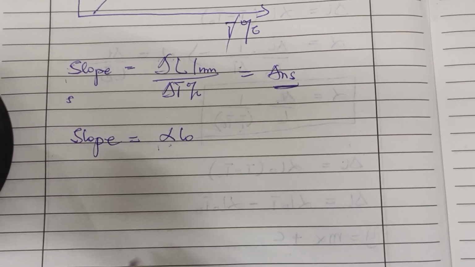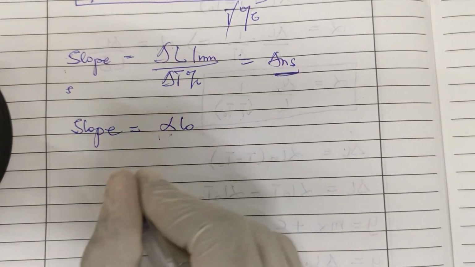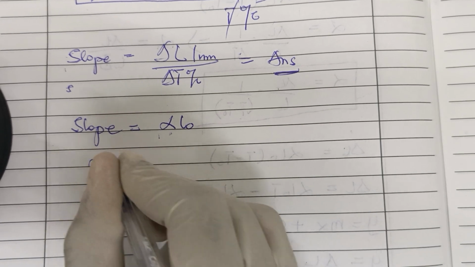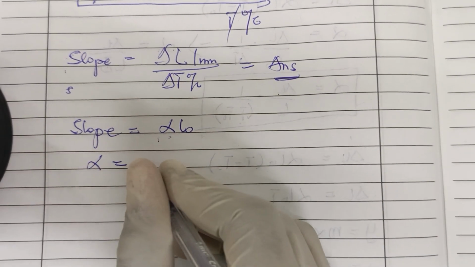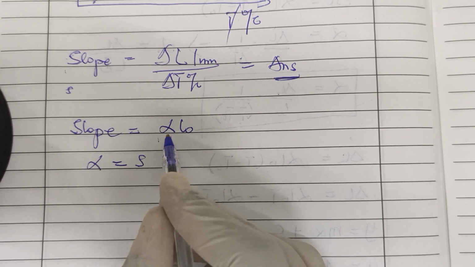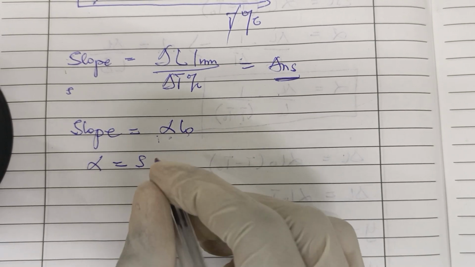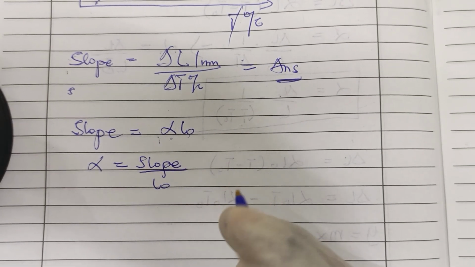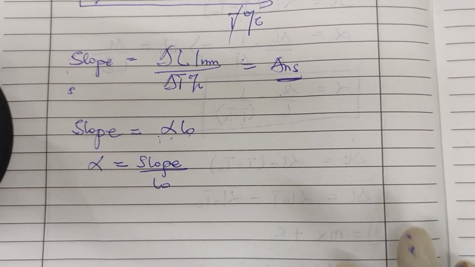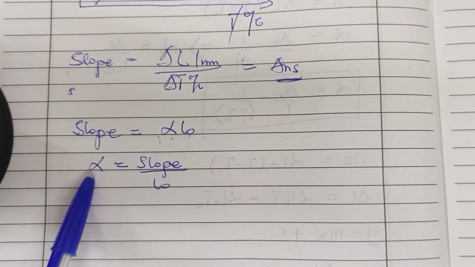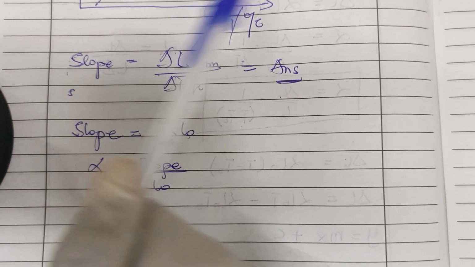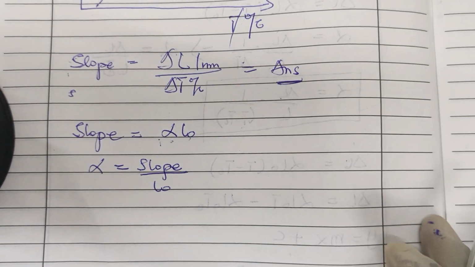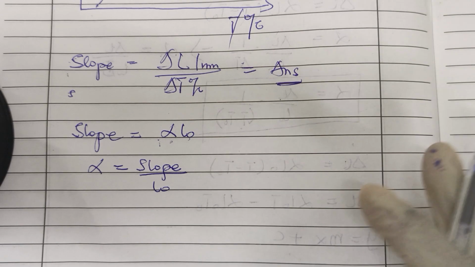So by making it the subject, we divide both sides by L naught, and the coefficient of linear expansion is slope over L naught. So that's how we find the coefficient of linear expansion after plotting the change in length of the metal against the temperature, which is proportional according to Charles' law.